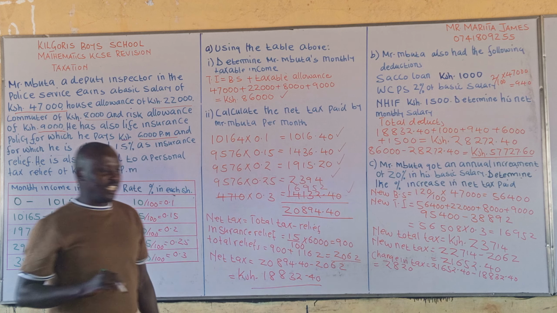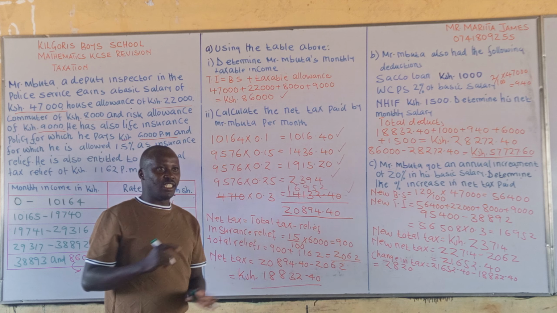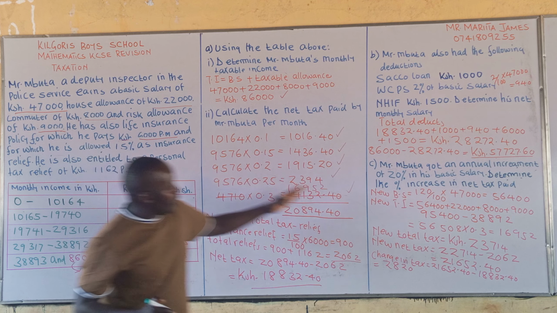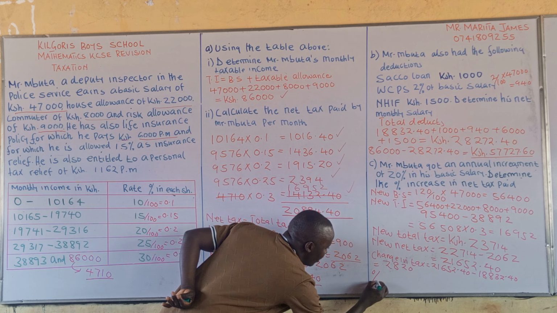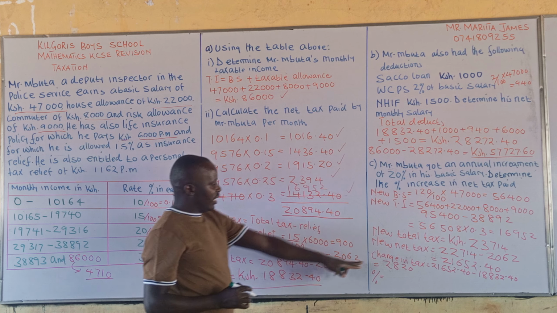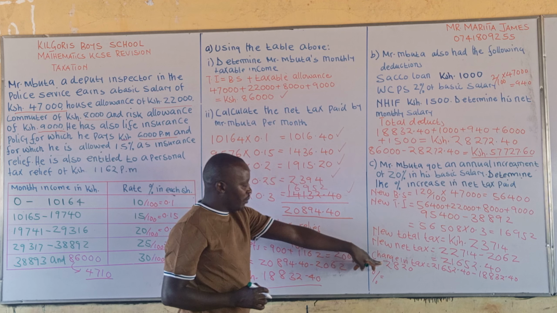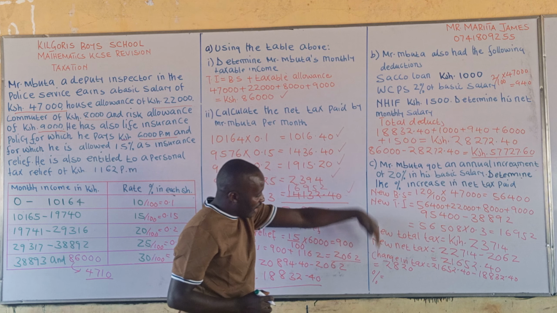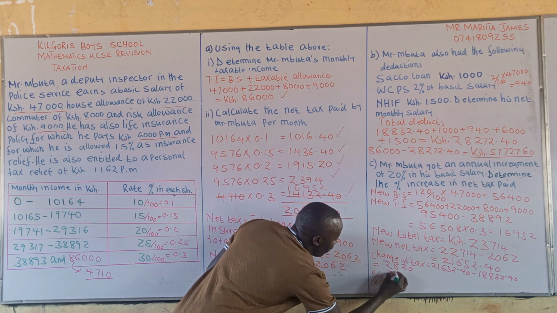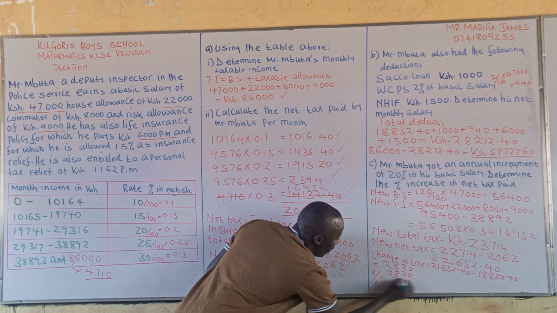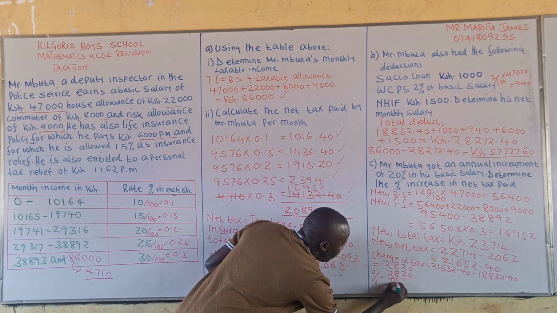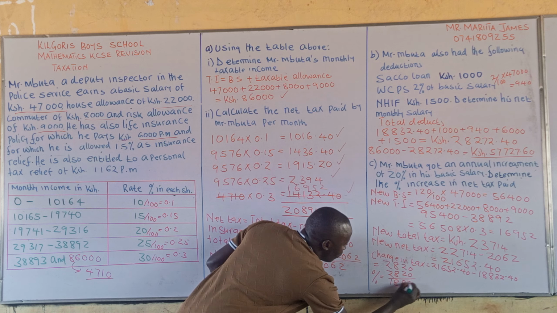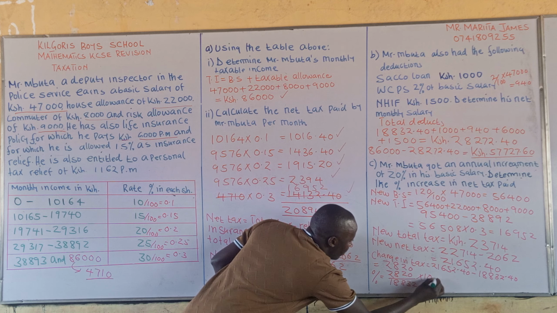Now we need the percentage increase in net tax. It is the tax change, which is 2,820, divided by the old tax, which was 18,832.40, times 100%.